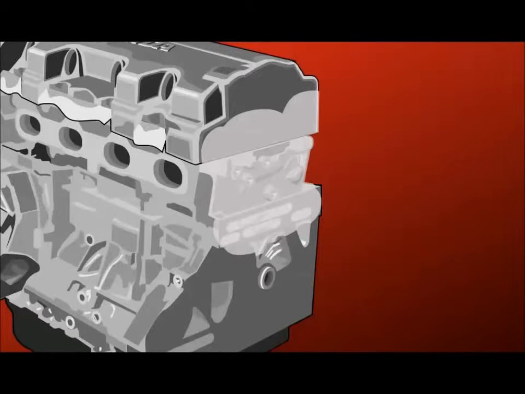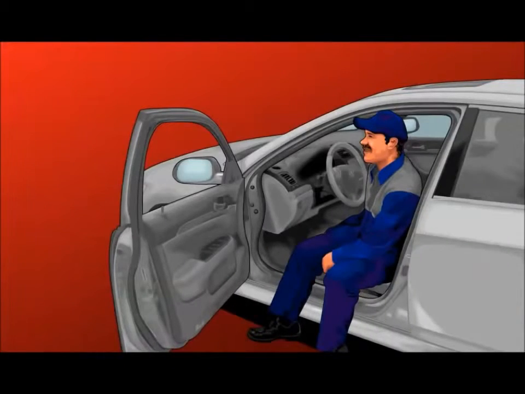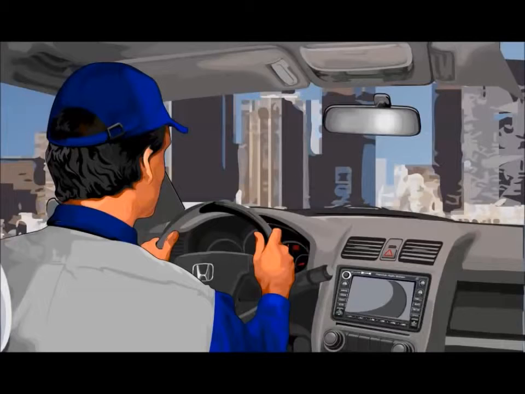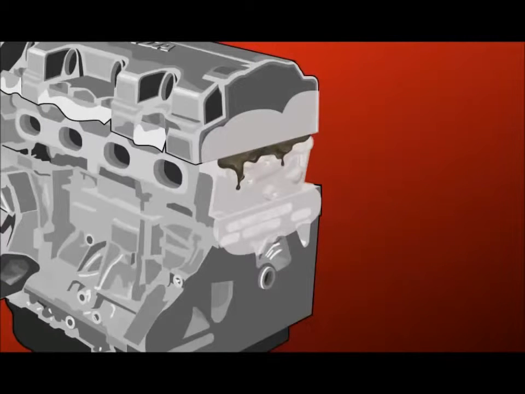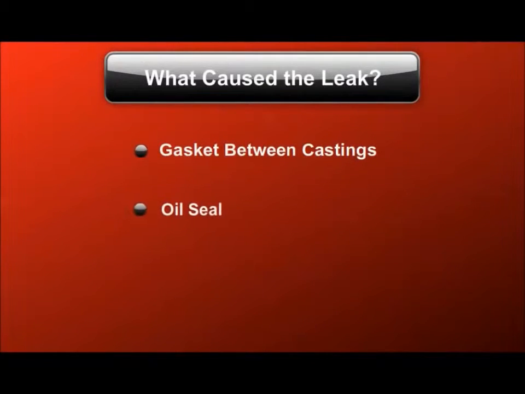If the engine was dry and no leaks appear after applying the powder, idle the engine or take the car on a test drive. This may force enough oil from the leak to activate the Metal Check. Once you've isolated a leak, determine the root cause of the problem before attempting repair.